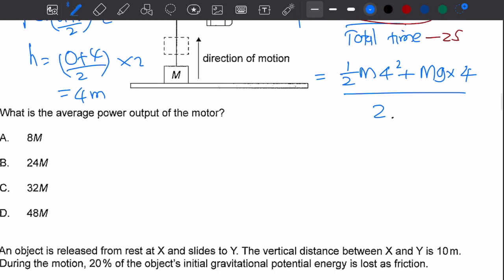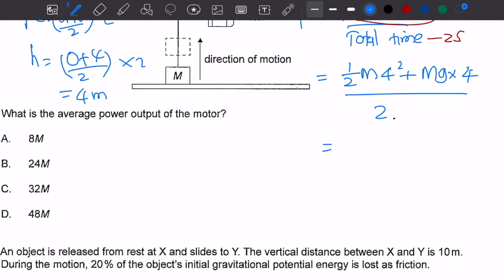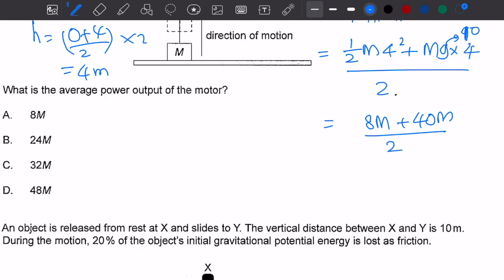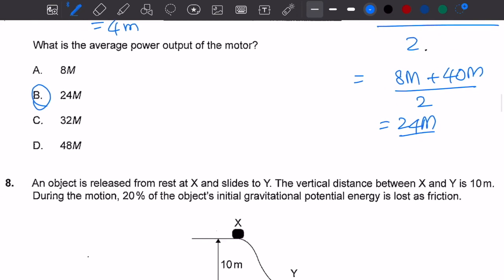Let's look at this one. This is 8m plus 40m. Why? g I take as 10 meters per second squared. Divide by 2, 24m. Answer is B.